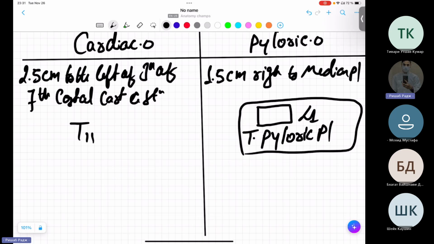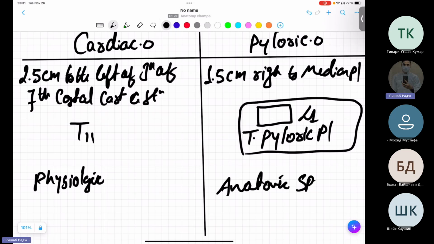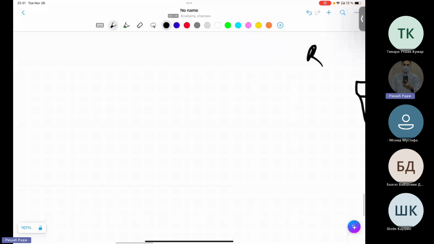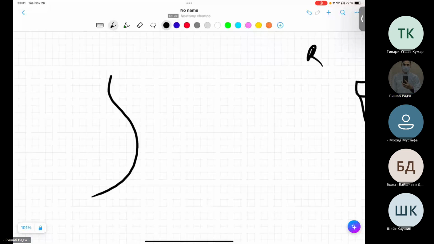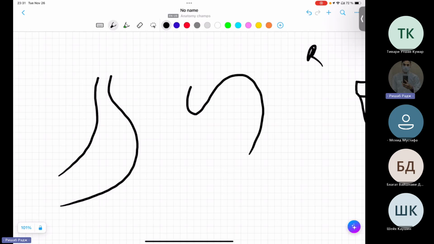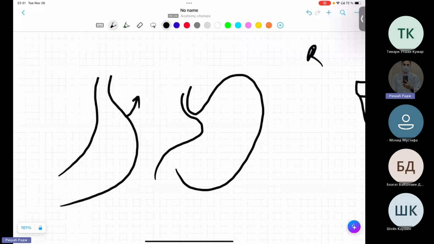Now, what is the type of sphincter? The cardiac orifice has a physiological sphincter. You will not have smooth muscle which will regulate it. I will tell you how. While the pyloric orifice will have an anatomical sphincter. See what happens is, suppose this is your stomach. You haven't eaten anything, but now you eat something. And now this part elevates above and this opening somewhat gets closed.